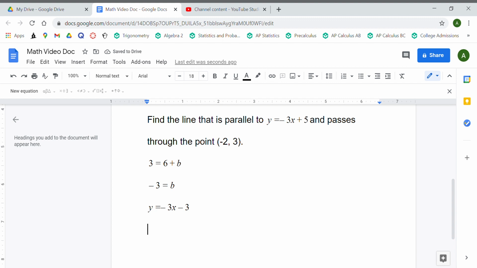Now we're going to talk about theorem 3.14, which talks about perpendicular lines.